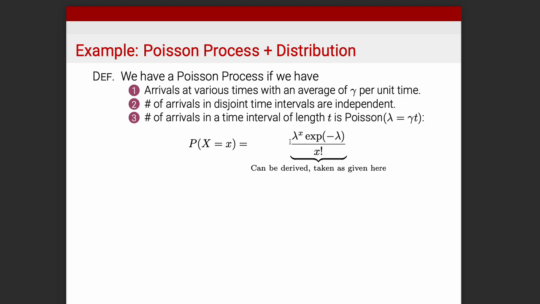So I've just defined a Poisson process. The details aren't super important now, but the thing that is important to know is that under certain assumptions, a specific kind of random process will take on a specific distribution.